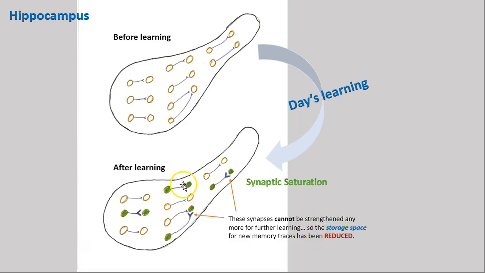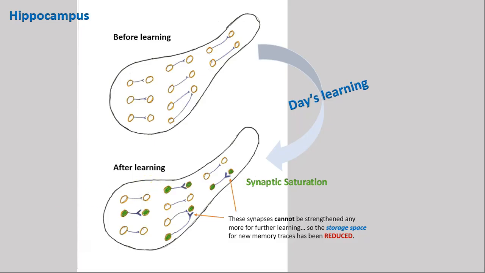So notice, as these synapses have been strengthened, it means that there are fewer neurons in the hippocampus capable of new learning. Well, as time goes by during the day, we're learning more and more stuff. All of the other synapses will be strengthened as well, and you'll reach a point in the hippocampus where you're at synapse saturation. If you can't strengthen any more synapses, then the hippocampus cannot learn anything new.